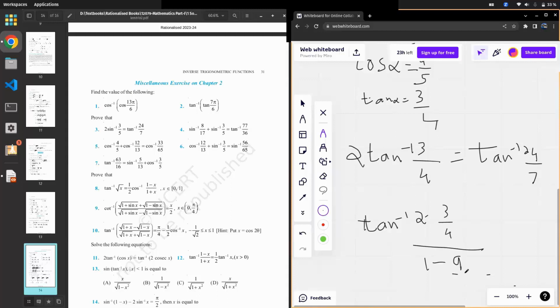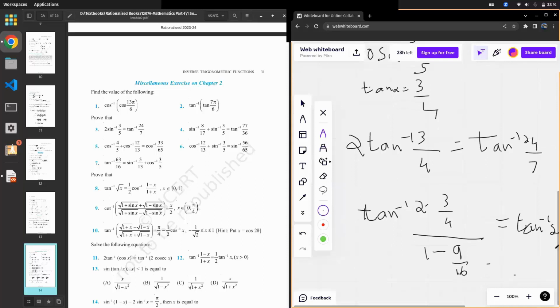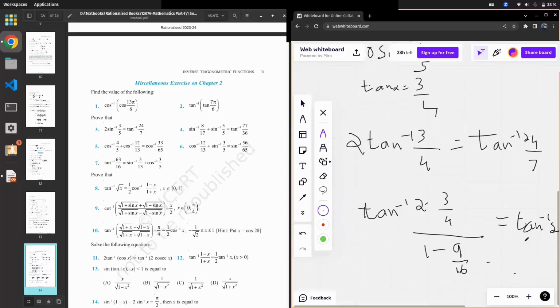That is 9 by 16. So the denominator will be 1 minus 9 by 16, which is 7 by 16. And if you send the 16 to the numerator, it will be 16 into 3 by 2, which is 24. So this will be equal to tan inverse of 24 by 7. So we got the left hand side is equal to right hand side. Hence we can say that LHS and RHS are same. Hence proved. So we move to the fourth question.